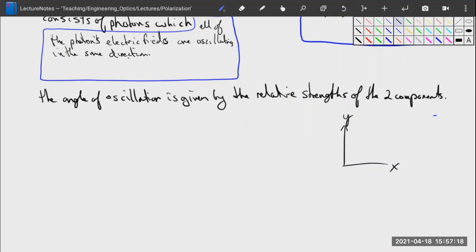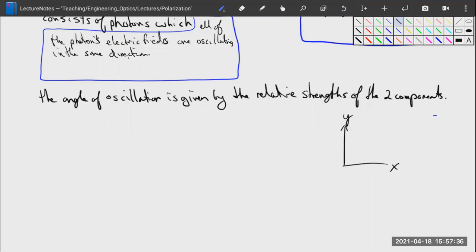and that's really just an arbitrary measurement or arbitrary description, right? Really, the electric field can oscillate in any direction. We've just chosen an x and a y, and we're going to break that down into two components, like we do with forces, like we do with everything, right?